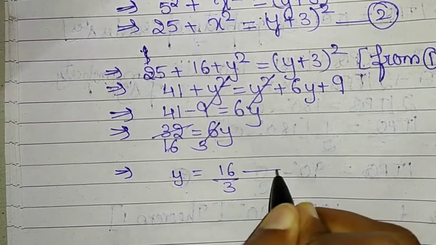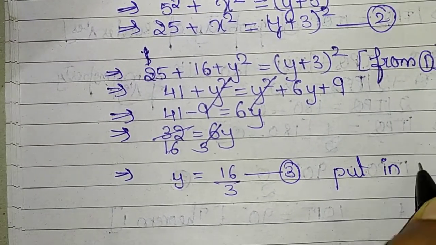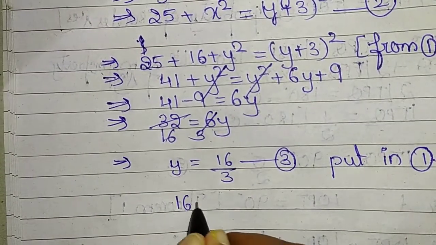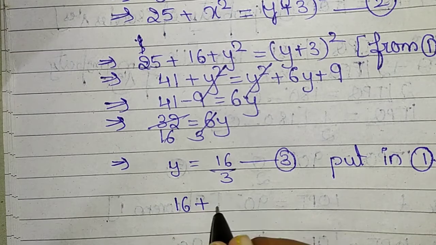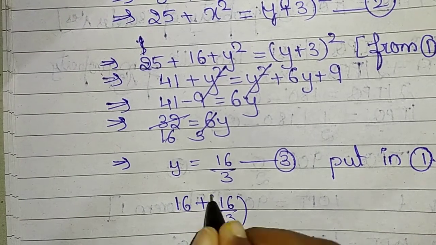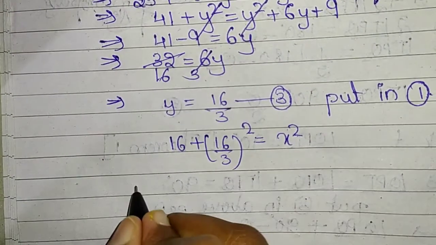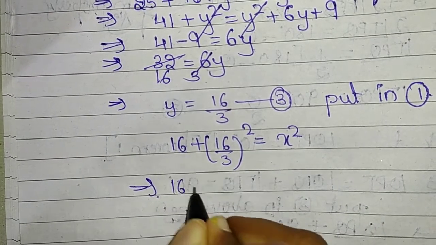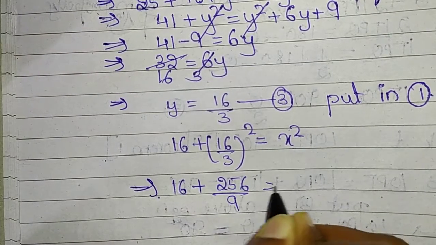This is result 3. Put in equation 1 to get the value of x. So 16 plus (16 by 3) whole square, because y square is (16 by 3) whole square, is equal to x square. So this implies we get 16 plus 256 by 9, which is equal to x square.